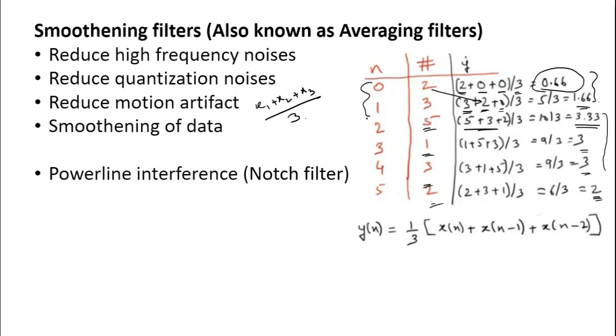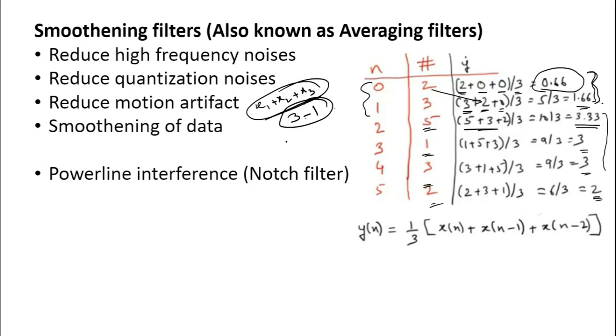Whenever you are using a system, at the initial phase the output of the system is not stabilized, because these kinds of systems operate with the previous values. Here we were taking three values, so in the first cases two values were missing. So it took the filter 2 units of time to stabilize.